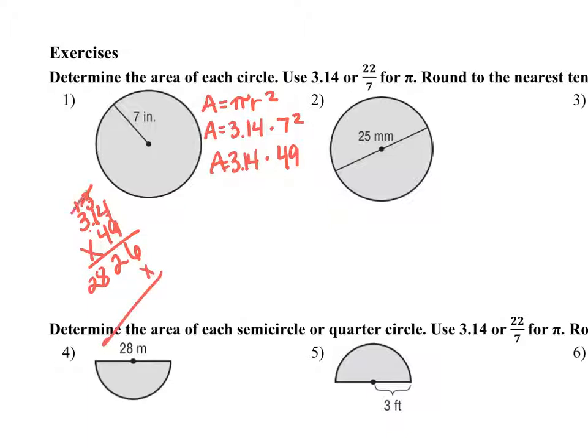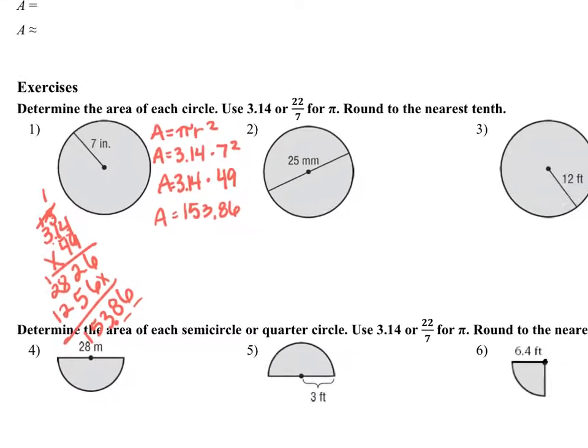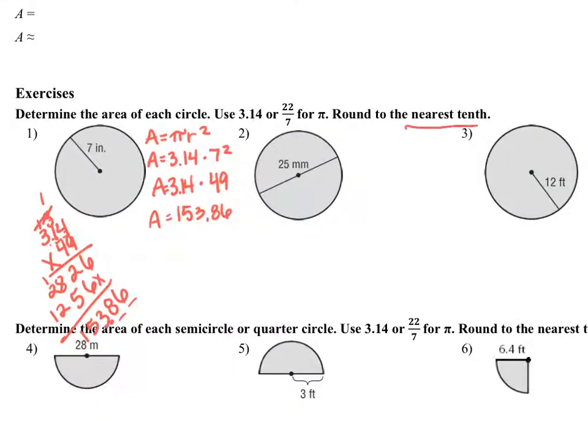And then 4 times 4 is 16, 5, and 12. One, 2, 1, 2. And I got area equals 153.86. Now, if you look in the directions, it says round to the nearest tenth.